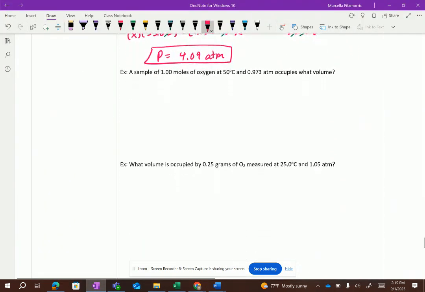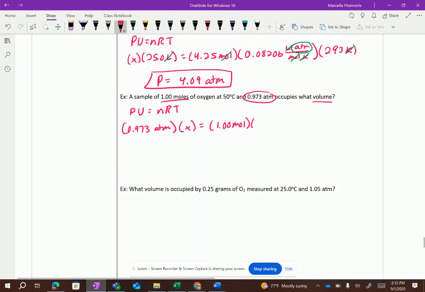And my temperature is 50 degrees Celsius, which I need to change to Kelvin by adding 273 to it. And I get 323 Kelvin. Once I do this, atmospheres are going to cancel out. Moles are going to cancel out. Kelvin's going to cancel out, leaving me with liters as my unit for my answer. So when I do my math on this one, I'm going to get 27.2 liters rounded to 3 sig figs.